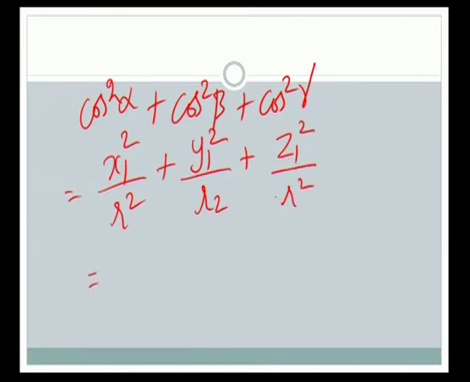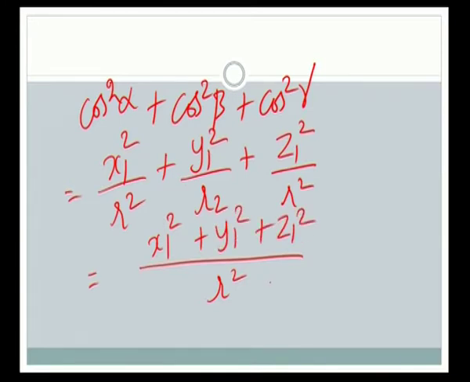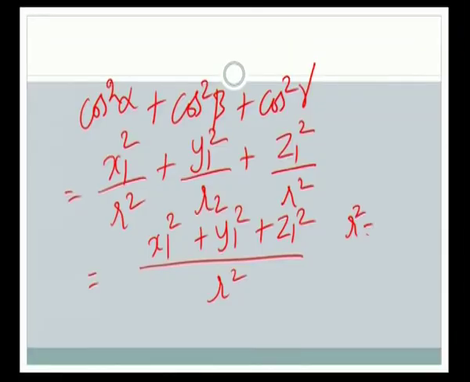Summing all three terms, r square is common, so we get x1 square plus y1 square plus z1 square. You know, in vector calculus, the position vector of a point or a line in a coordinate system, r square, is equal to x1 square plus y1 square plus z1 square.